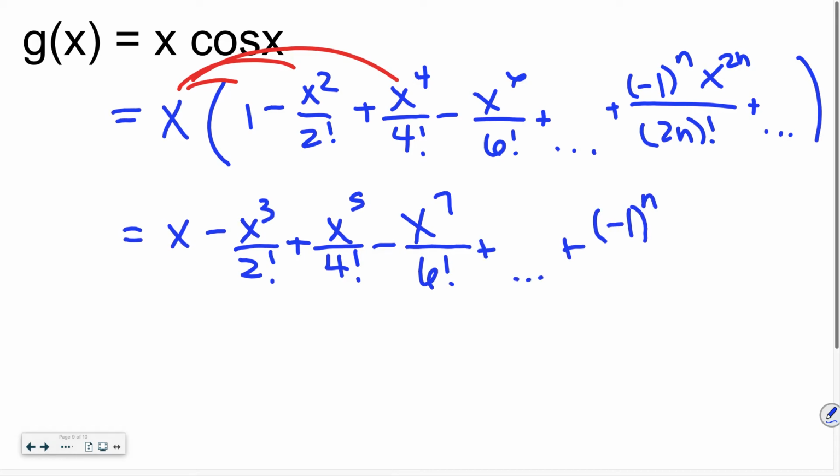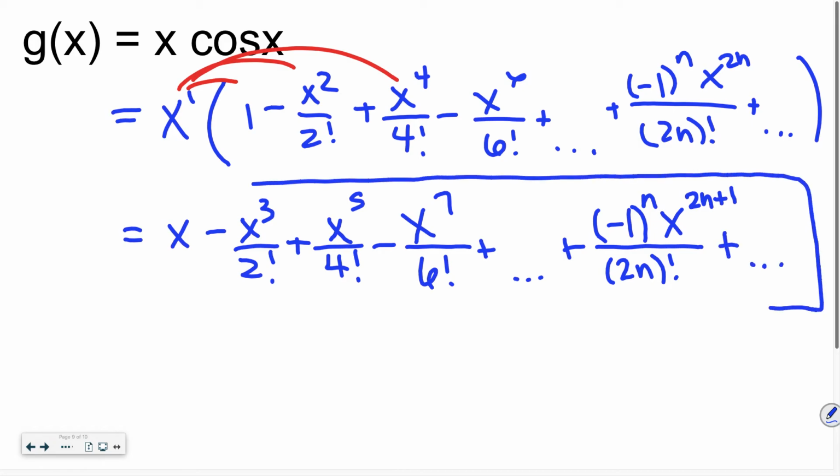And then our nth term would only change in the power. What's our power of x? 2n plus 1. This is x to the 2n times x to the 1st, so we add them together.